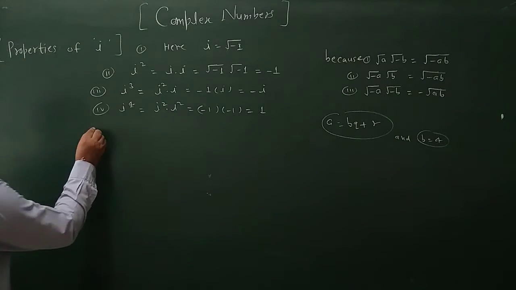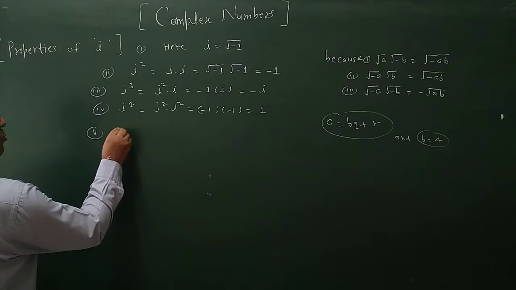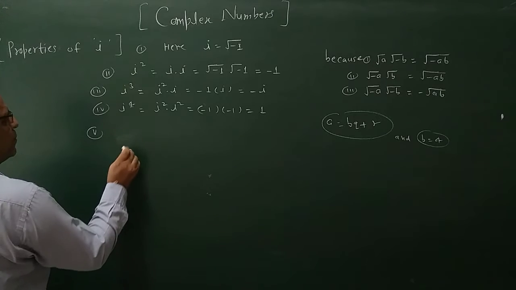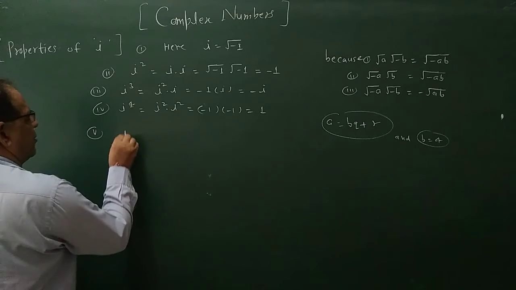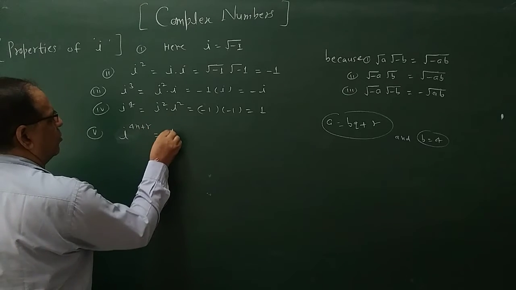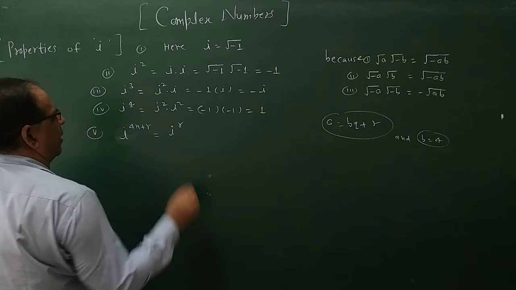Now the fifth property: iota to the power 4n plus r equals iota to the power r.